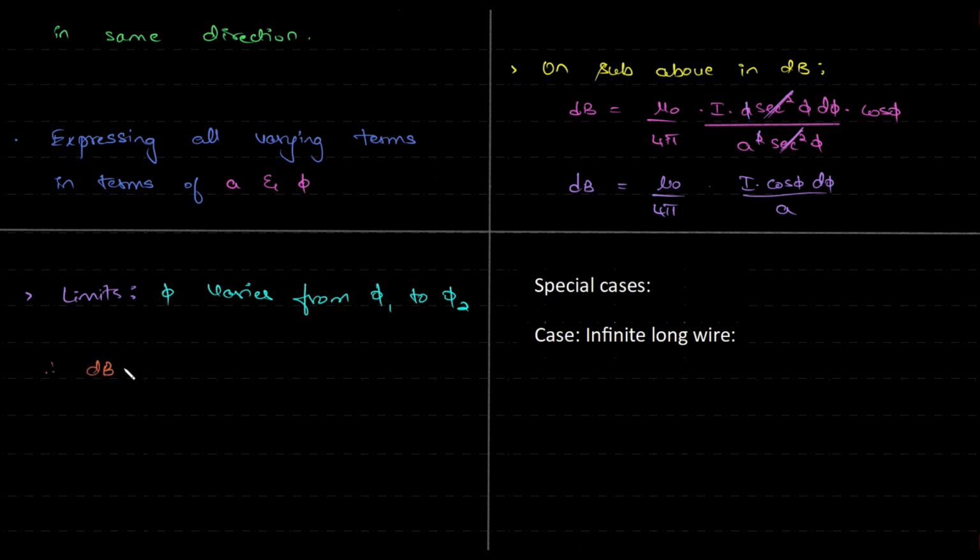Therefore B, which will be equal to integrating dB, will be equal to integrating from phi 1 to phi 2 the expression mu naught by 4 pi A I cos phi d phi. Guys, remember this thing is constant.